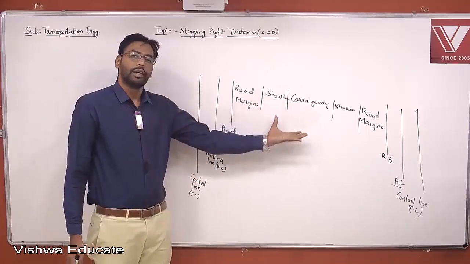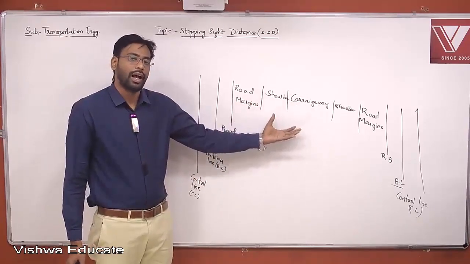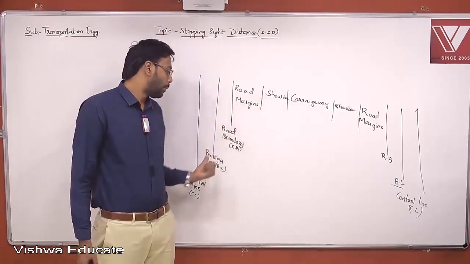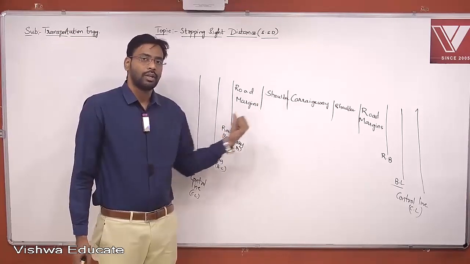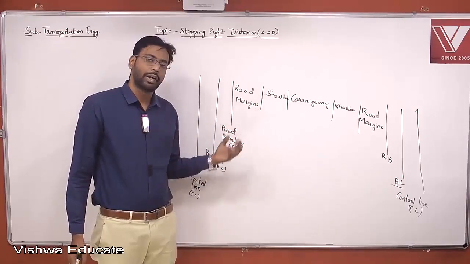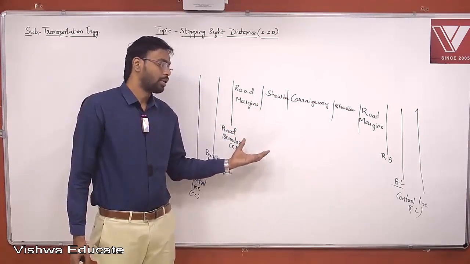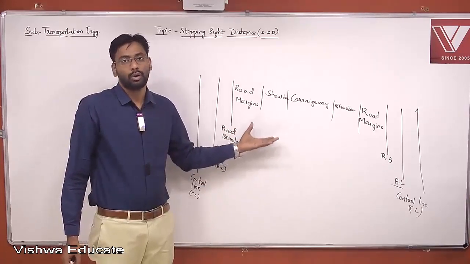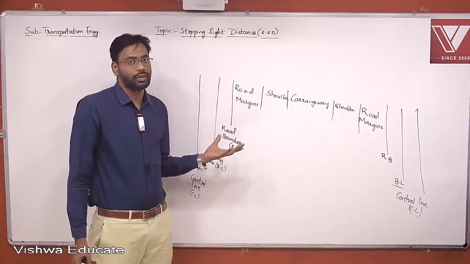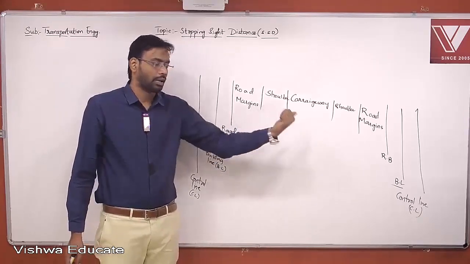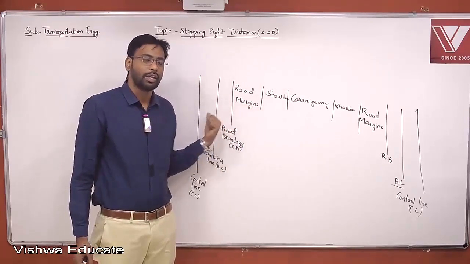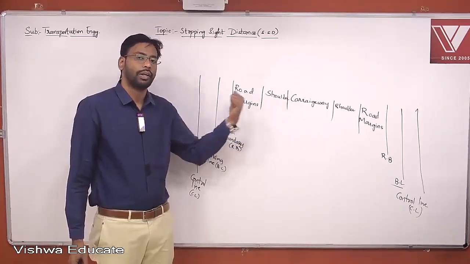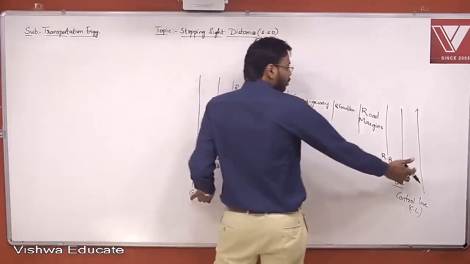The highway authority or the road authority has full right to do whatever they want up to these control lines. If they want to further extend that particular road, they can go for the extension. They can do demolitions of the buildings also, even if they exist up to these control lines. Any modification, whatever the road authority wants to do, can be done up to these two lines, that is control lines, right?